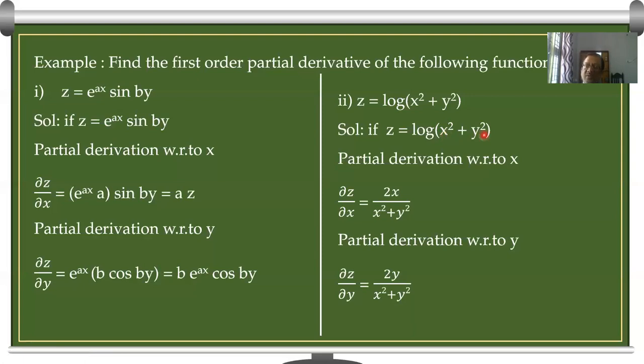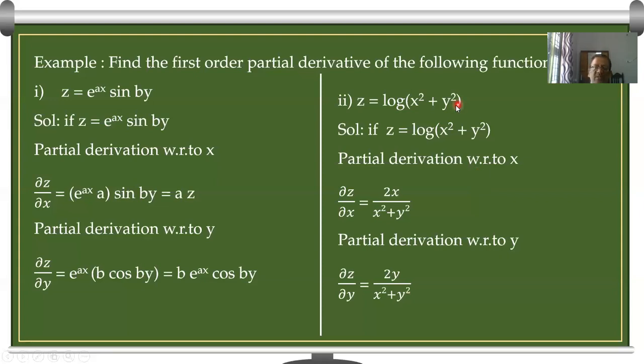And y square derivation is 2y divided by x square plus y square. Therefore, 0 plus 2y is the same, 2y by x square plus y square. It is the first order partial derivations of the given function.